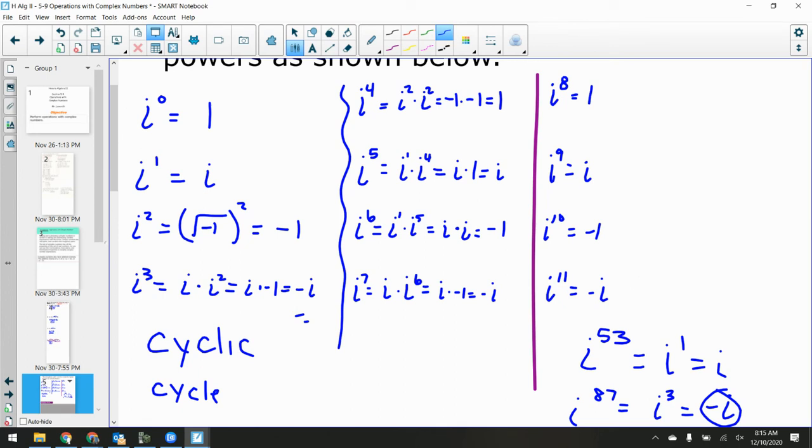But it starts at 0. That's the problem. The remainder is the power. So if it's a remainder 3, then i to the third becomes the power. So is the remainder to the next whole number?